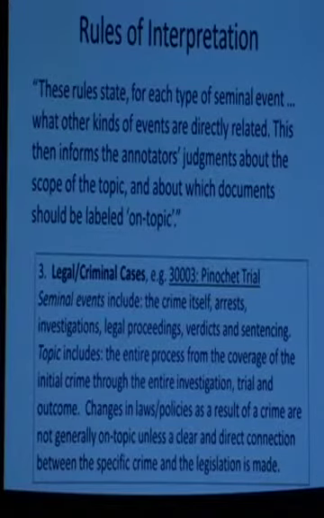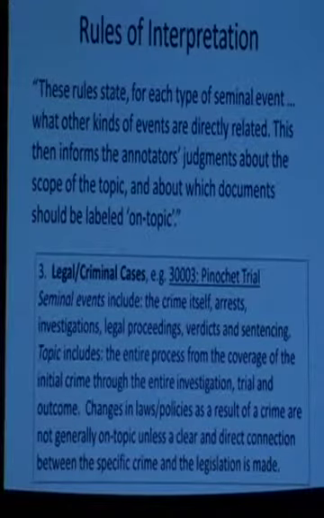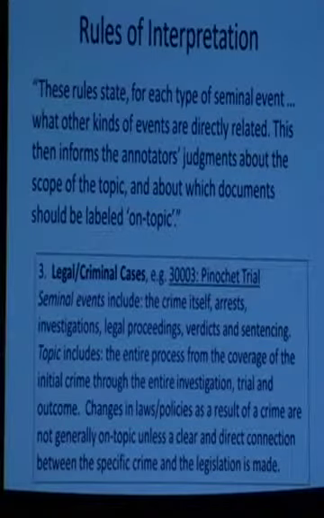And then the topic, that's what you would call the news event, could be anything that, for example, the coverage of the initial crime, the entire investigation, the trial, and the outcome, but not, notice this is important, the laws that change afterwards.